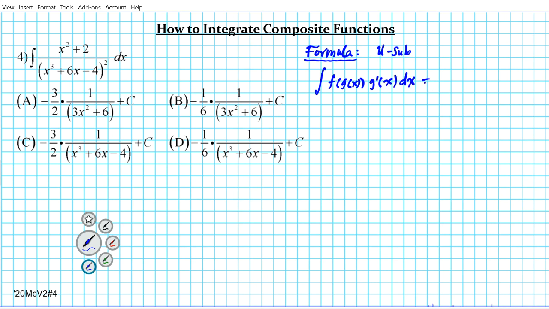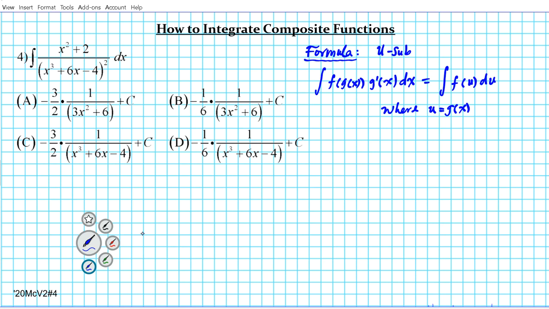This can be rewritten as the integral of f of u du. The beauty of this U substitution method is that it helps you rewrite the integral in a more elegant form so it's easier to evaluate.